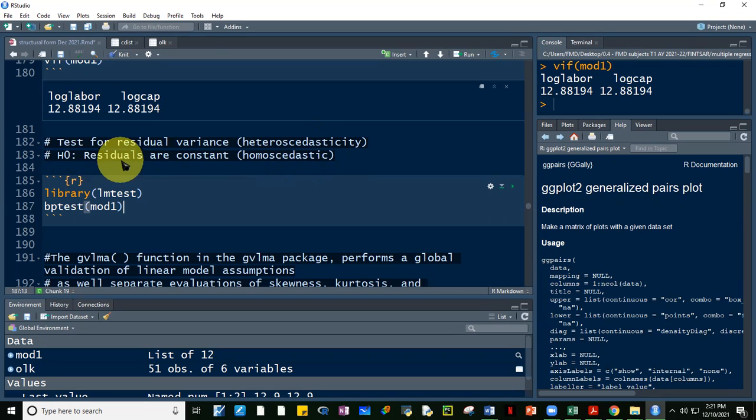Ang null hypothesis nito, residuals are constant, homoskedastic. So ang gusto natin sa model natin, ang p-value niya should be greater than 0.05 so that we don't reject the null hypothesis. Okay, so let's run this, yung BP test.